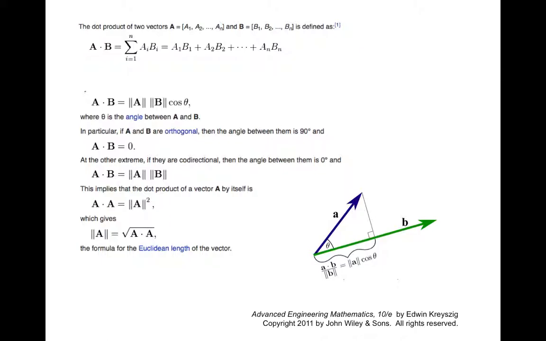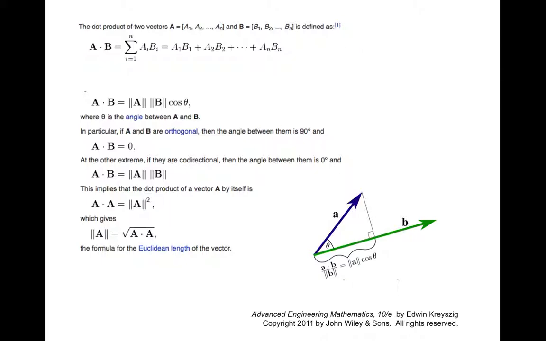Sometimes the dot product is expressed geometrically. A dot B is the magnitude of A times the magnitude of B times cosine of theta, where theta is the angle between A and B. So in this picture here, the magnitude of A would be the length of A, the magnitude of B would be the length of B, and cosine theta would be the cosine of the angle here.